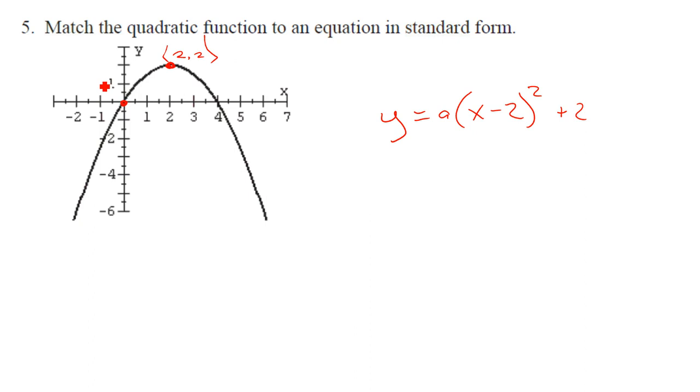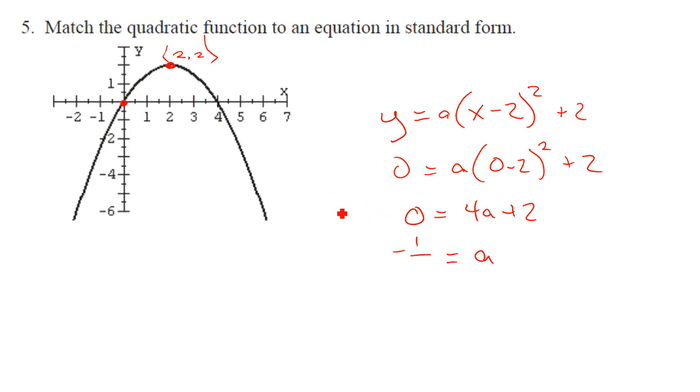The nice thing here is that it does cross 0, 0, so we can say 0 equals a times (0 minus 2) squared plus 2. And so we're going to have 0 equals 4a plus 2. So a would be negative 1/2, negative 2 divided by 4. And so we can write y equals negative 1/2 (x minus 2) squared plus 2.